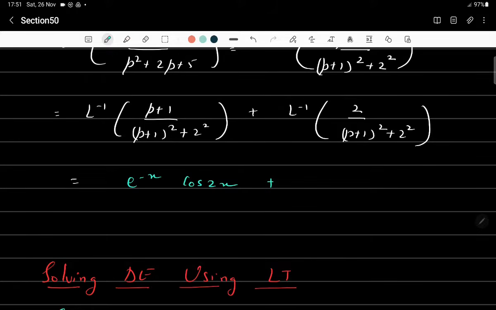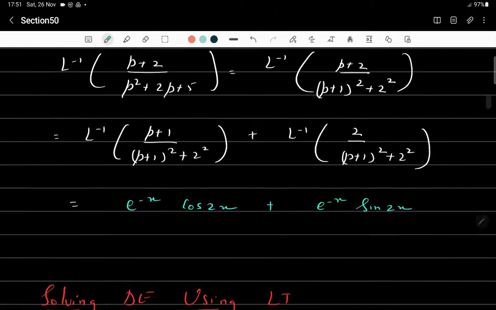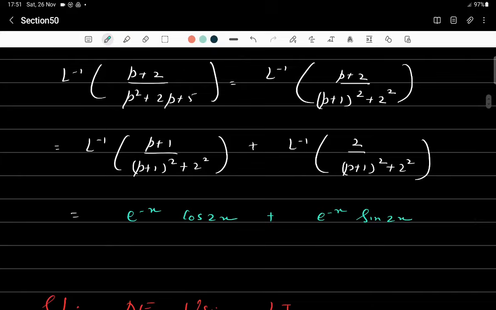And in the second case, e raised to the power minus x would come and sin 2x. But the problem here is that I have to multiply and divide by 2, because it is 1 in the numerator but I need 2 here, since it is a by p square plus a square. So this 1 by 2 would be here.